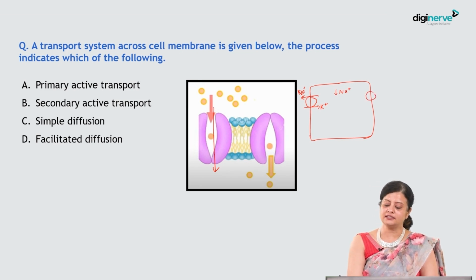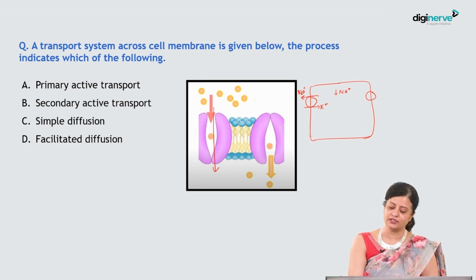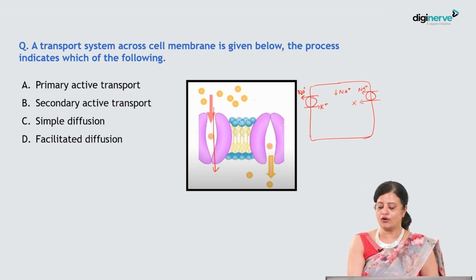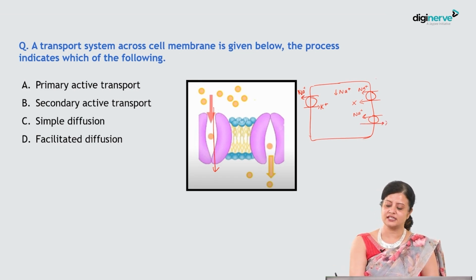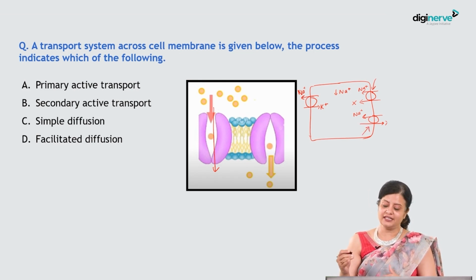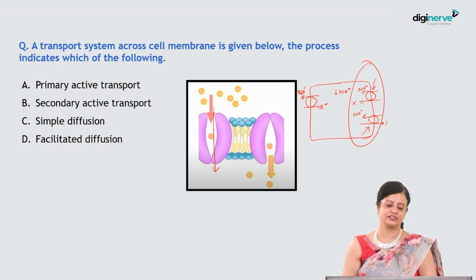So another transporter, which could be a co-transporter or a counter transporter, means a symport or an antiport, transports the sodium, and this sodium either brings along another molecule with it, or exchanges the other molecule with it. So this is the symport and this here is the antiport. In either of these cases, this shows us the secondary active transport.